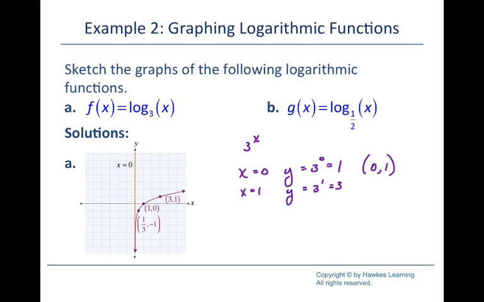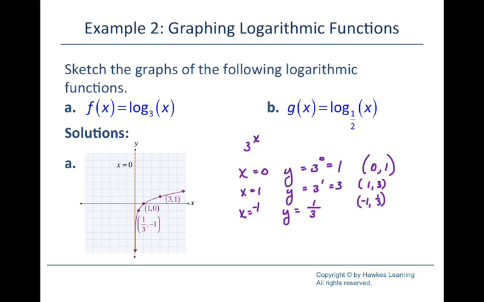So I have another point, 1, 3. And then I have x equals negative 1. So y is equal to 1 over 3 to the first, or 1/3. So I have the point negative 1, 1/3.